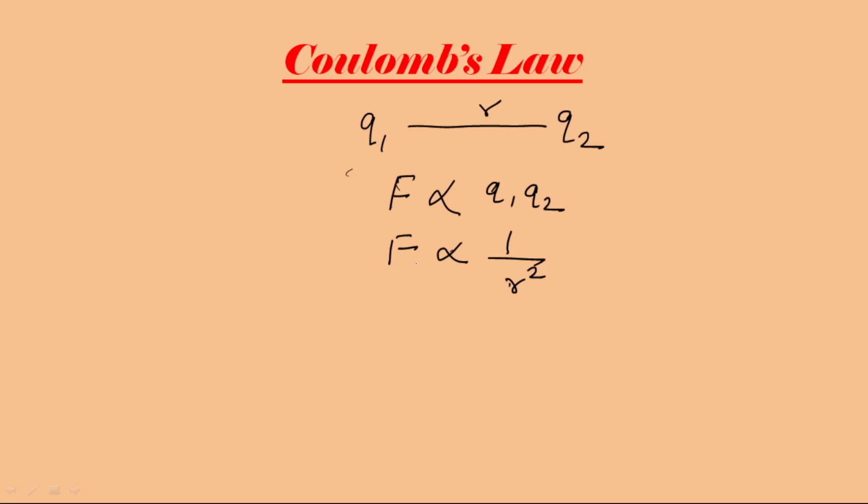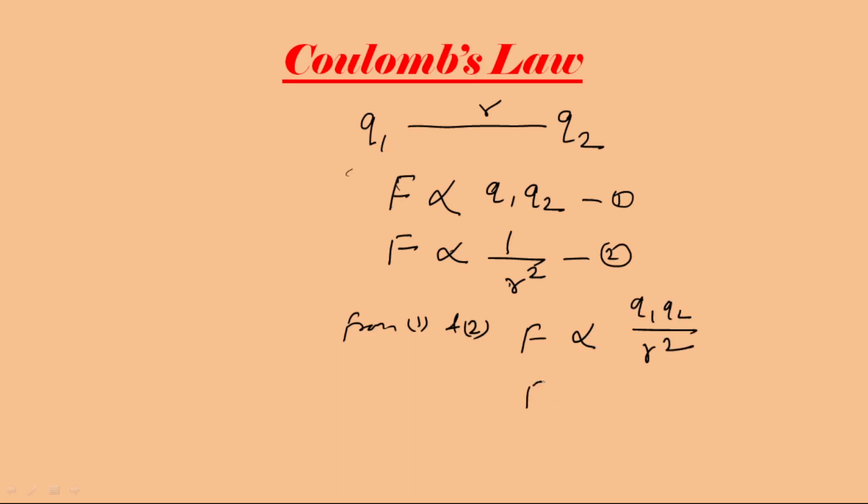Then combining these two, we get F is directly proportional to Q1 Q2 by R square, and we can write F is equal to K Q1 Q2 by R square, where K is the proportionality constant.